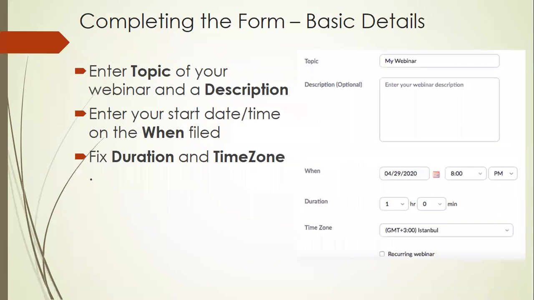The first thing you have to do is type the topic for your webinar, and it's better that you type some description so the attendees and the other people who are going to join this webinar can see.